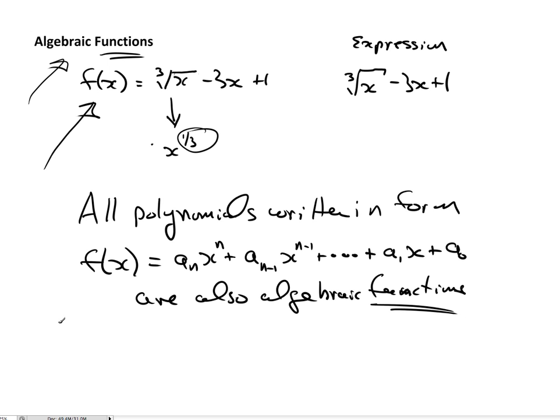It's a function because I set it up as a function, f of x equals this thing. And it is also algebraic. It's just that the group of algebraic functions also includes non-polynomials.